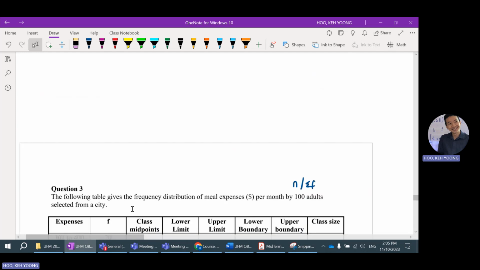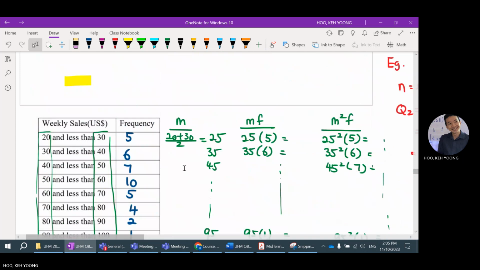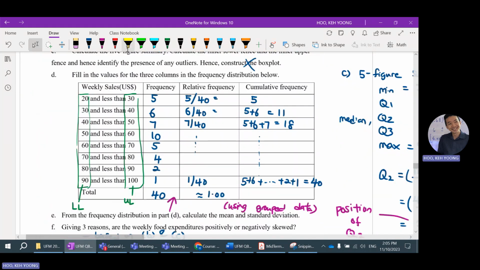The difference between question 1 and question 3, if you look at the table: in question 1, between the class limits there is no gap. 30 continues with 30, 40 continues with 30. If there is no gap between the class limits, that means the data here is continuous data.